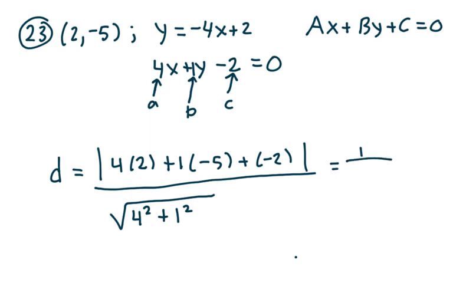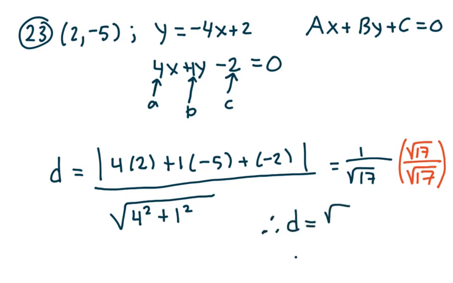This is 1 over the square root of 17. So if I rationalize this denominator, I multiply numerator and denominator by the square root of 17. And then when I go to finish, d is the square root of 17 divided by 17.